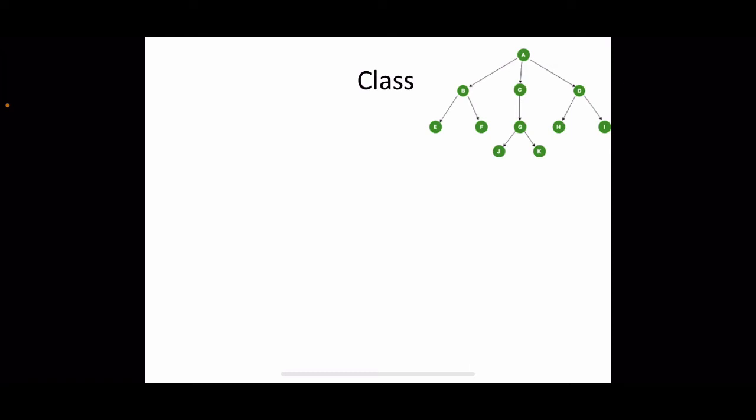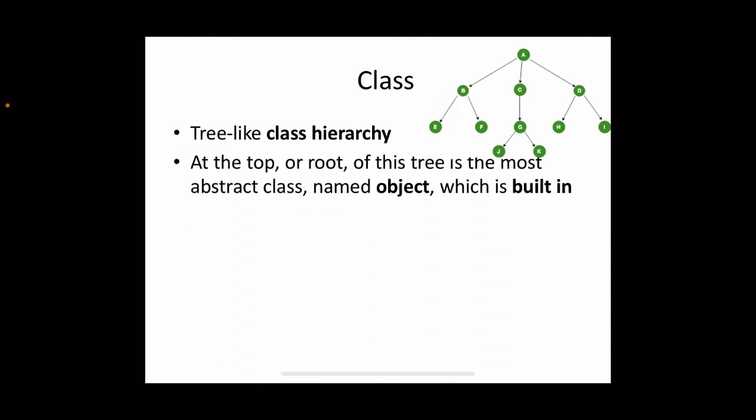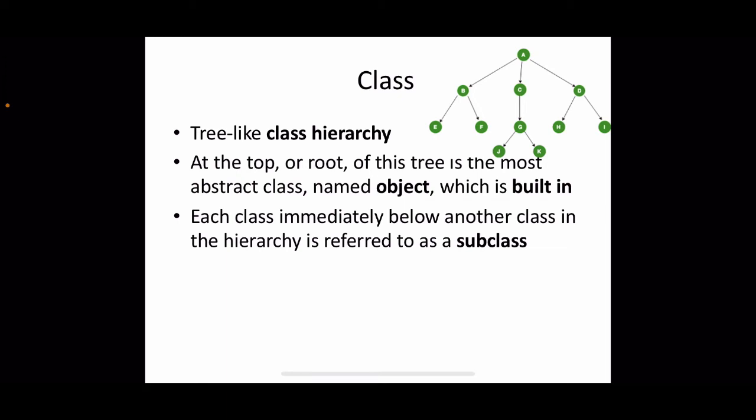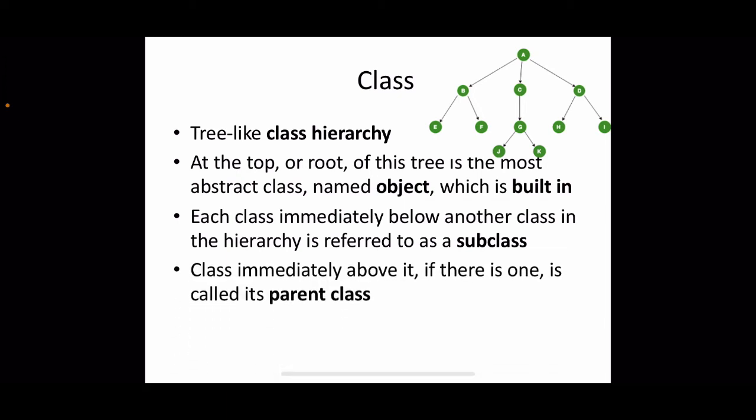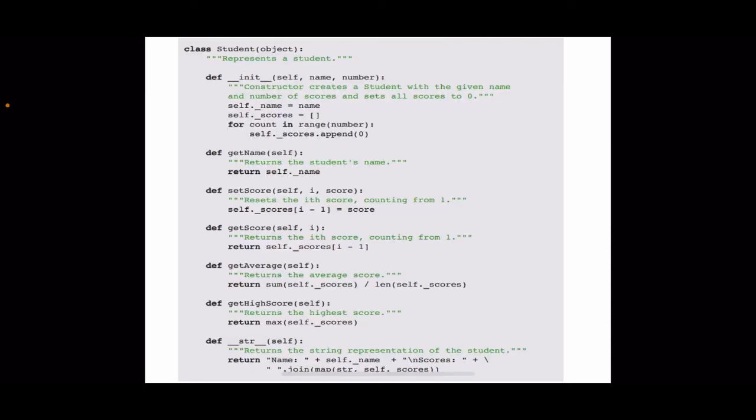So we can say that B is the parent class for E, and E is a subclass of B. At the top, the root of this tree, is the most abstract class named object, which is built in. Each class immediately below another class in this hierarchy is referred to as the subclass. The class immediately above it, therefore, is the parent class.